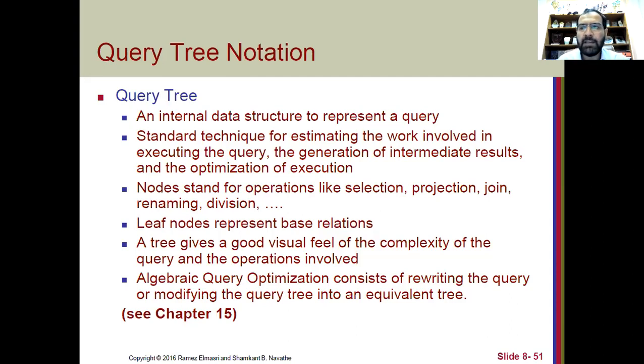So whenever we write queries, we always look for optimal queries. That tree structure is really helpful in the optimization process, or in understanding the optimization algorithms, which is an advanced topic covered in chapter 15 of this book, and is not included in the first course.